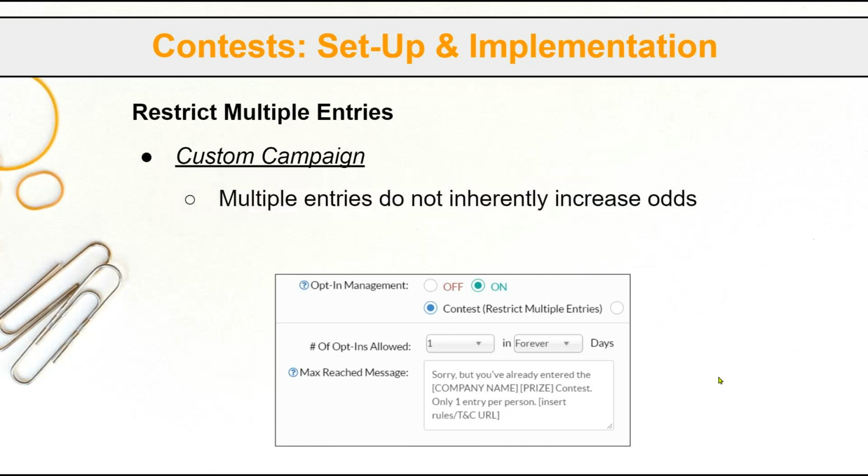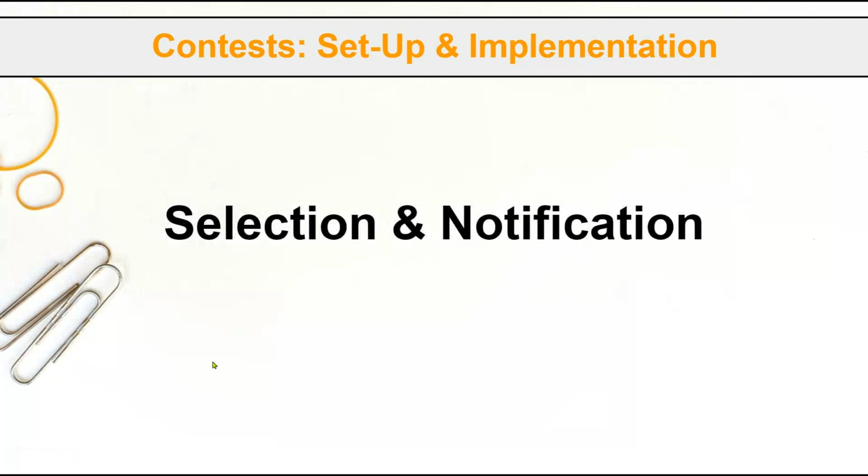So this setting simply dissuades re-entries by allowing you to reiterate the entry limits. You use this to prevent people from thinking that their repeated entries are increasing their odds of winning. With all of that general information in mind, let's take a deeper dive into these campaigns and the selection and notification options.